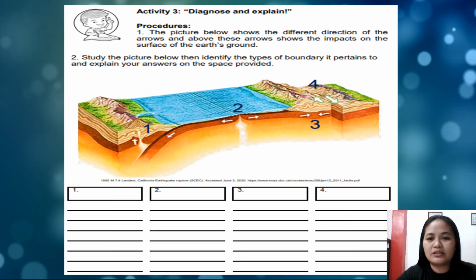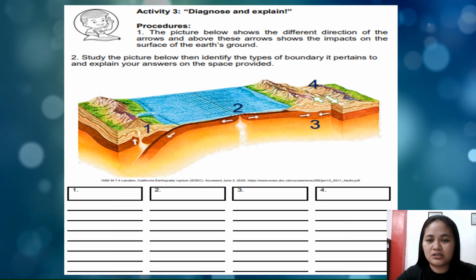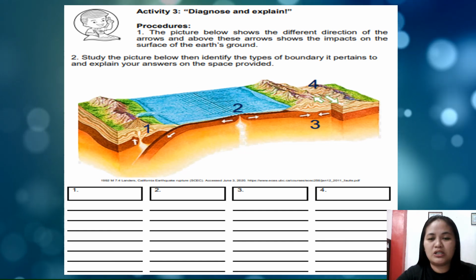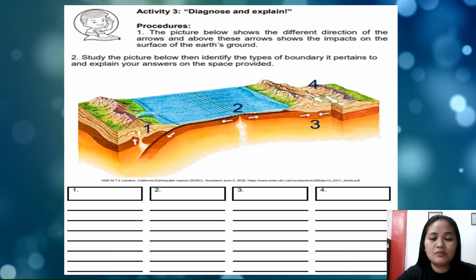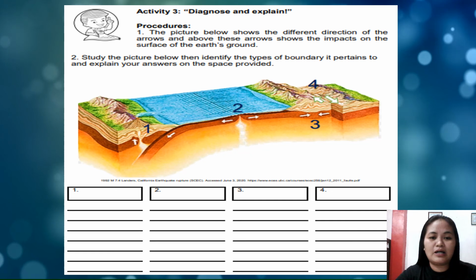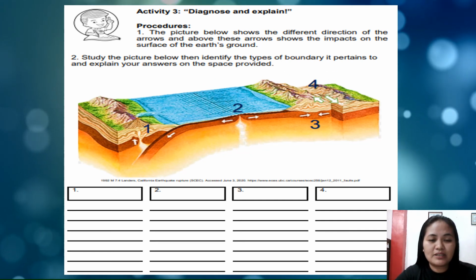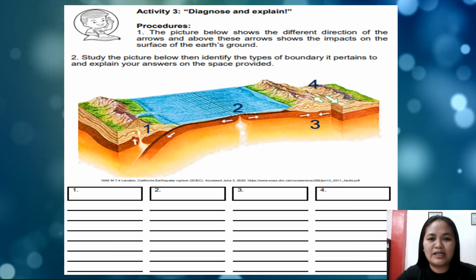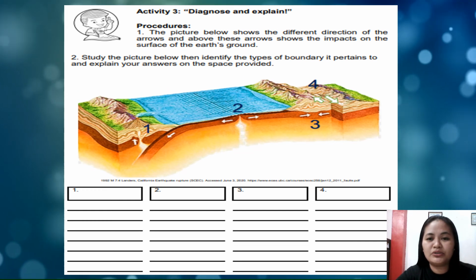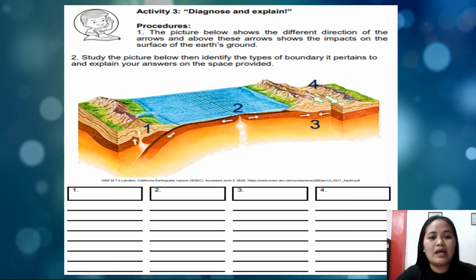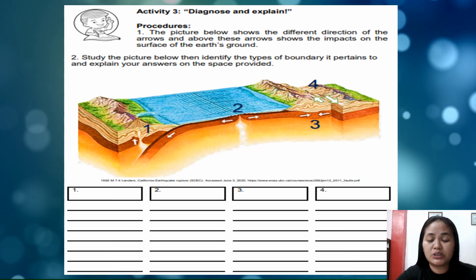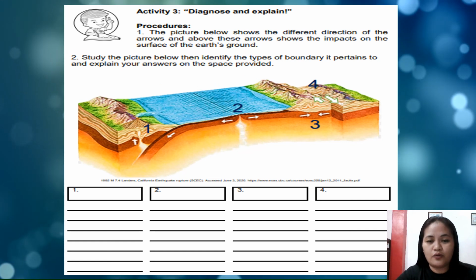And on top are the impacts or the effects, the land formations that resulted from the certain movements. And then number 2, study the picture below, then identify the types of boundary it pertains to and explain your answers on the space provided for.